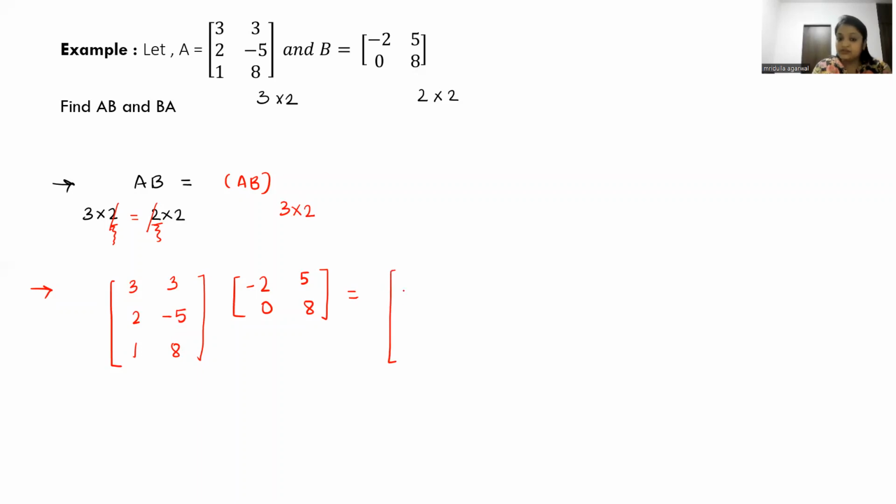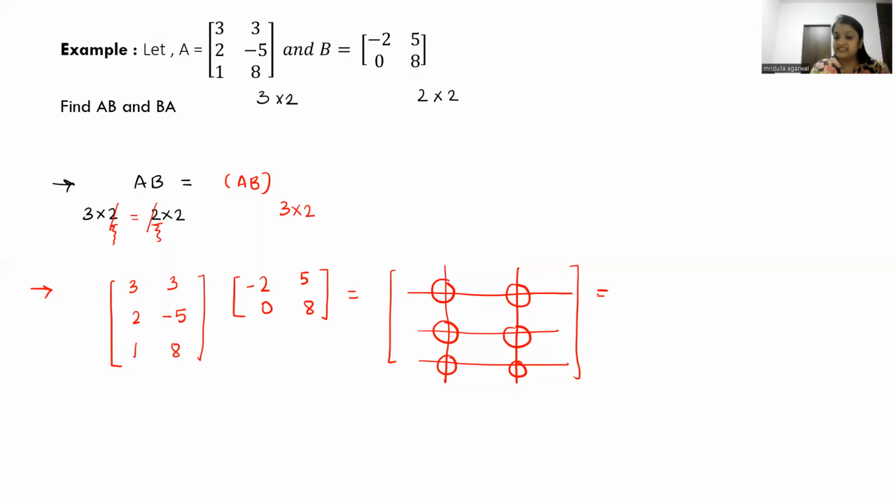We have 3 rows and 2 columns. So we have first entry, second, third, 4th, 5th, and 6th.